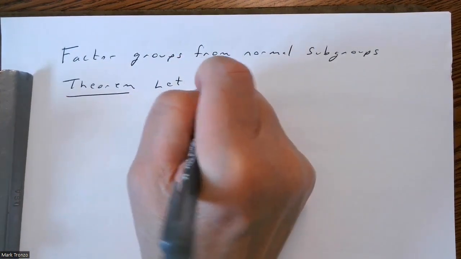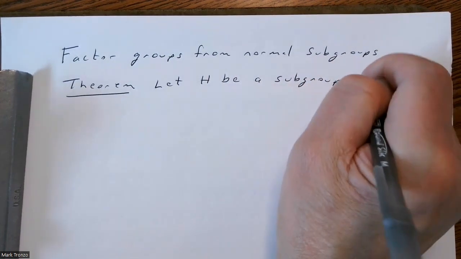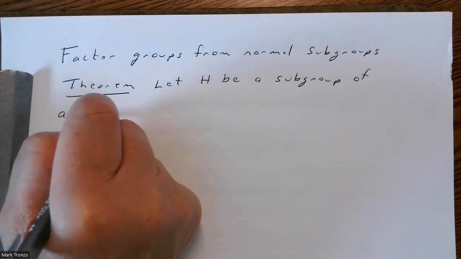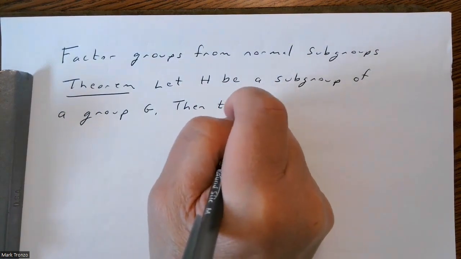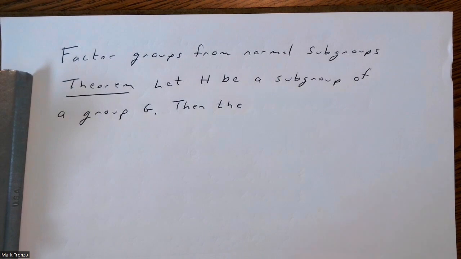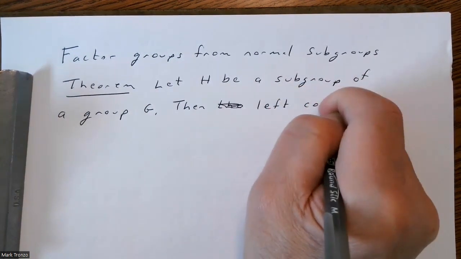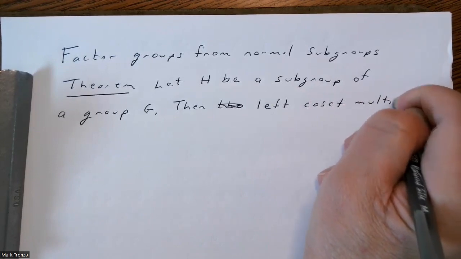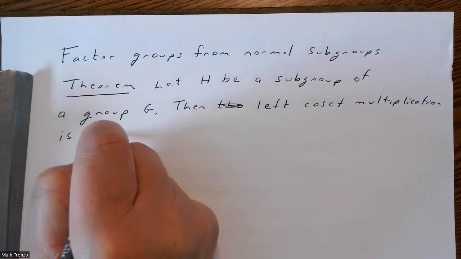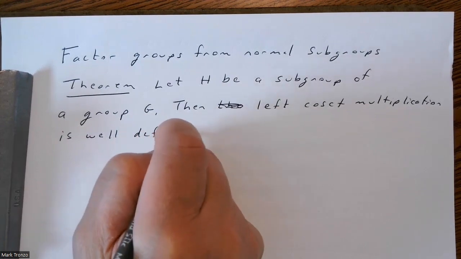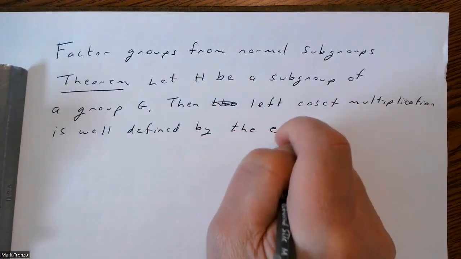And here's a theorem. Let H be a subgroup of a group G. Then left coset multiplication is well defined by the equation we mentioned before.